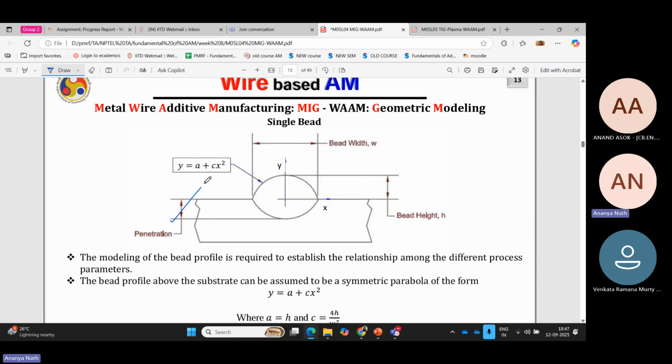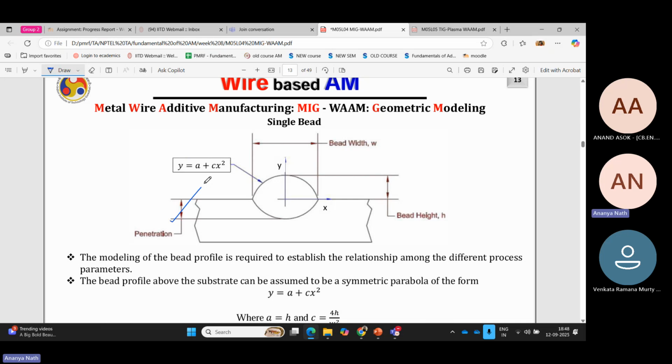So the question I asked is a little bit different. This penetration depth is basically giving us how much substrate is going to be melted along with that wire at the time of that particular layer deposition. If I consider the penetration depth, then only I can calculate how much of the top surface of the first layer is going to be remelted at the time of printing the second layer.